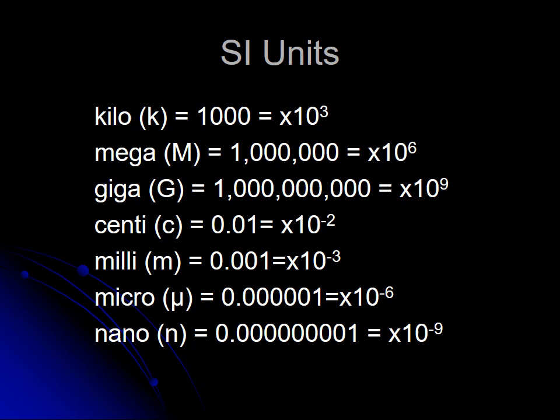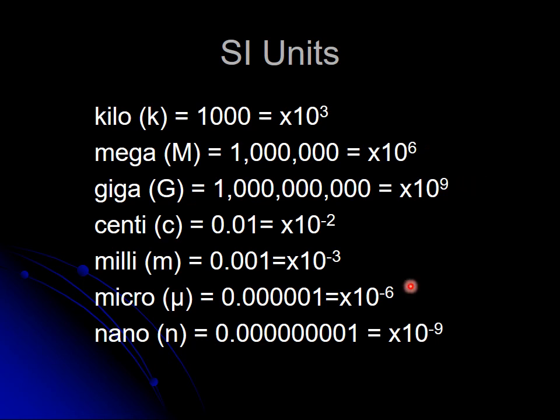The SI units, kilograms, meters, kilometers, and so forth. All of these things that we generically call metric units have associated with them these prefixes. Kilo means 1,000 or 10 to the 3. Mega means times 10 to the 6.